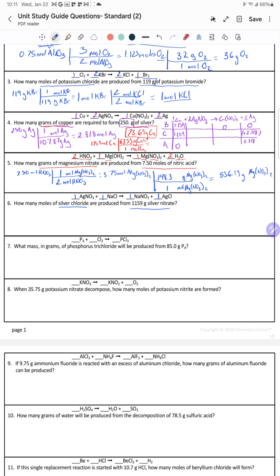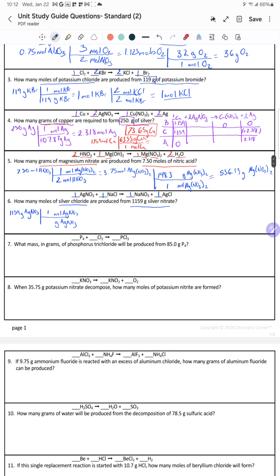So first off, though, in order to convert one thing to another, we need to convert grams to moles. Always, if you have two different substances you're trying to compare with each other, you're going from grams to moles first. So you need 1,159 grams of silver nitrate to moles of silver nitrate from grams of silver nitrate.